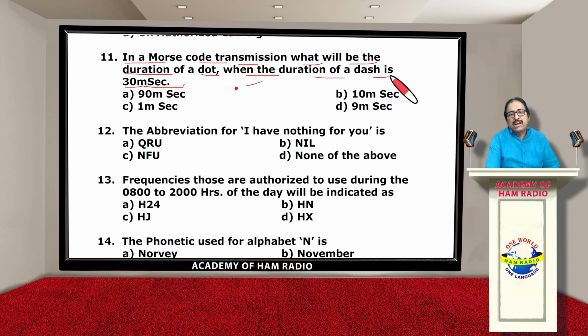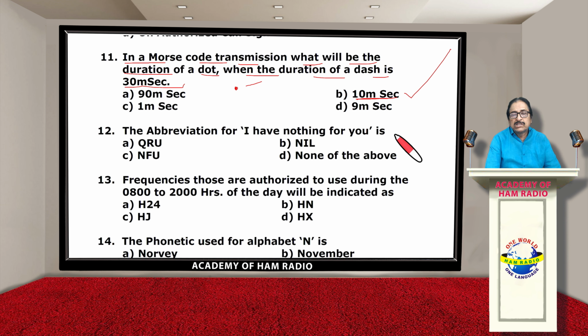Here dash is already given as 30 milliseconds. Naturally dit becomes 10 milliseconds, so 30 by 3. So the answer is Bravo.